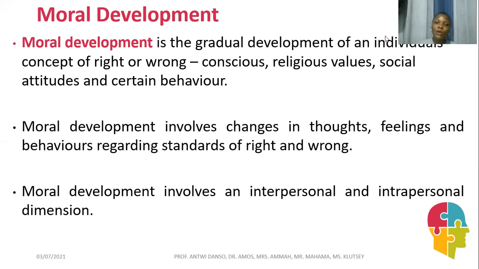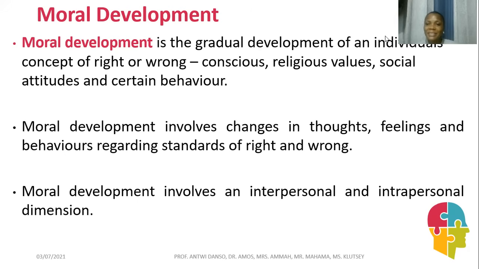And this includes conscious religious values, social attitudes, and behaviors. So with time, the child begins to learn that this action is wrong, this action is bad. Moral development involves changes in one's thoughts, feelings, and behavior regarding what is right or wrong.